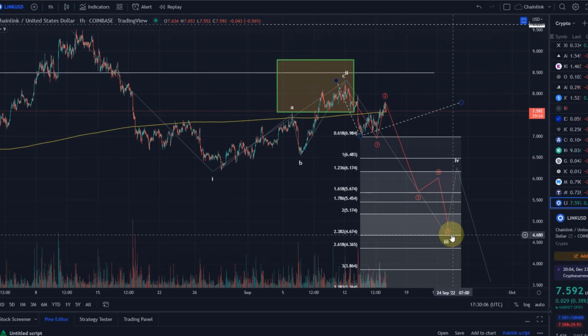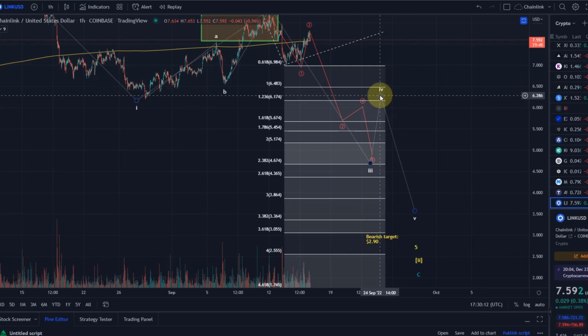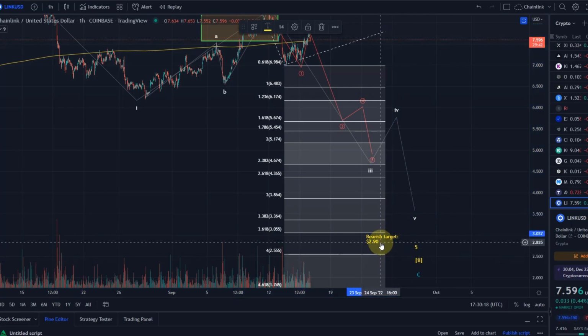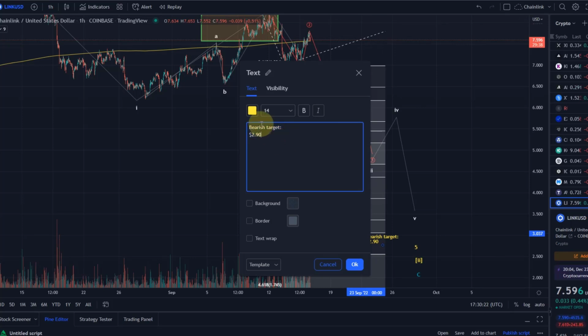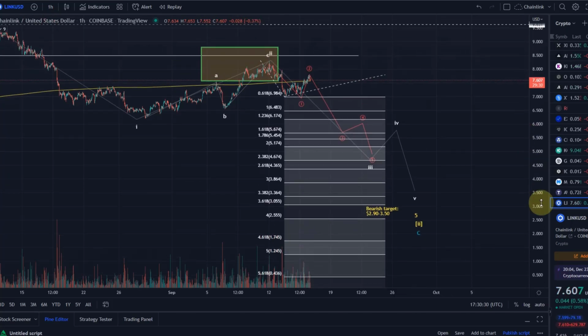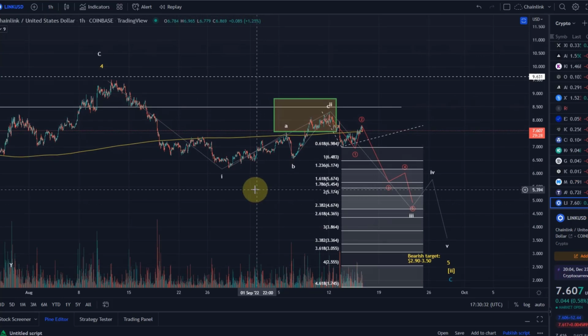And then we'd be looking here at something like the $4.60 level for the white wave 3. Then there will be a wave 4 up in white and the wave 5 down. An overall bearish target. I did look at this earlier today, so I'd rather say between 2.90 and 3.50.